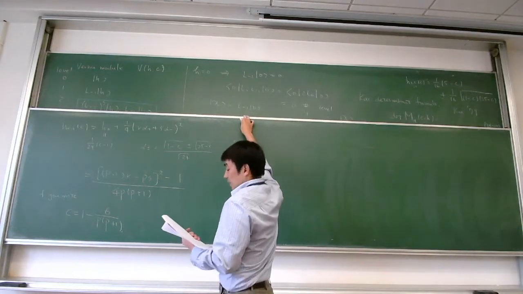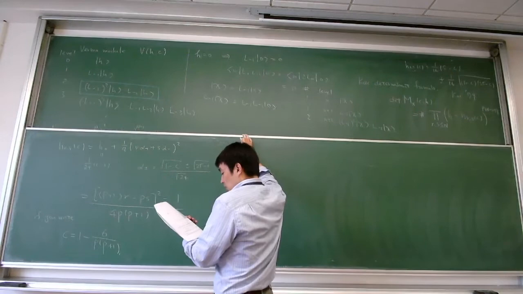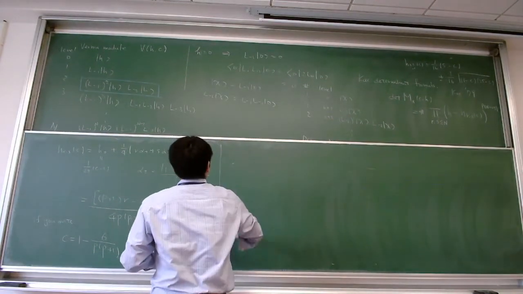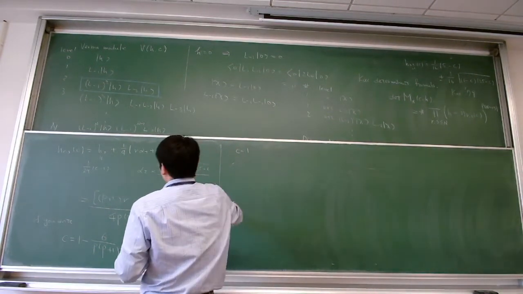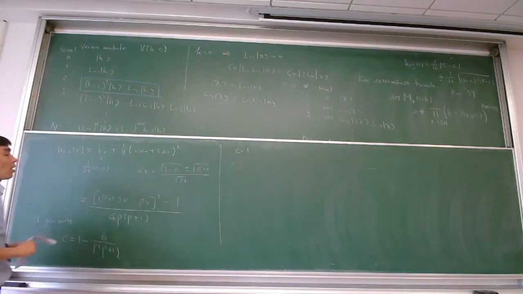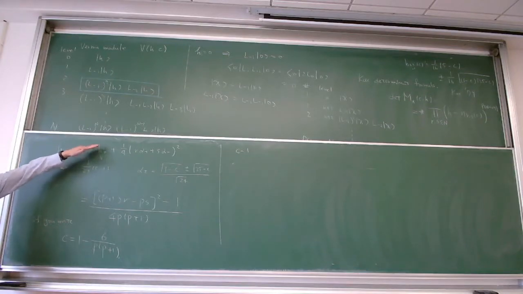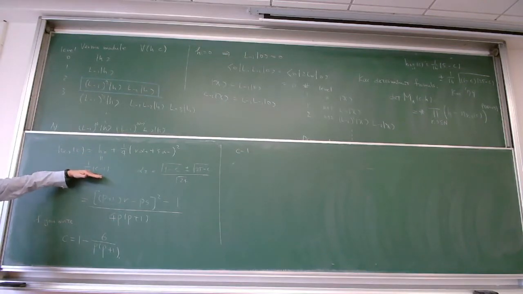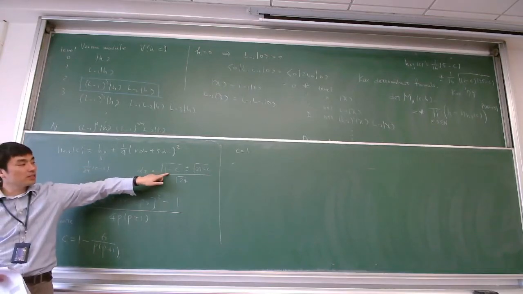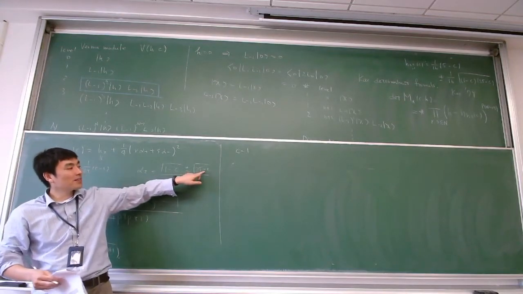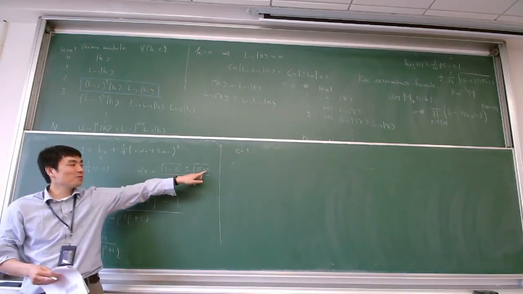So what does it tell us? Let's look at when c is equal to 1. It's an important case. When c equals 1, h_0 is 0, and this part is 0. And 25 minus c is equal to 24, and they cancel.